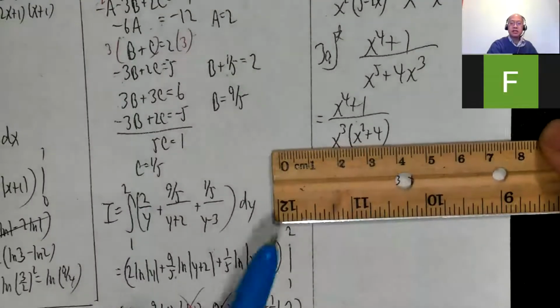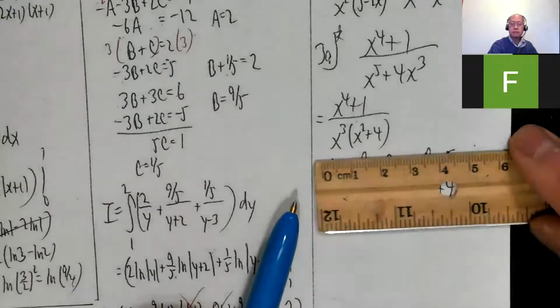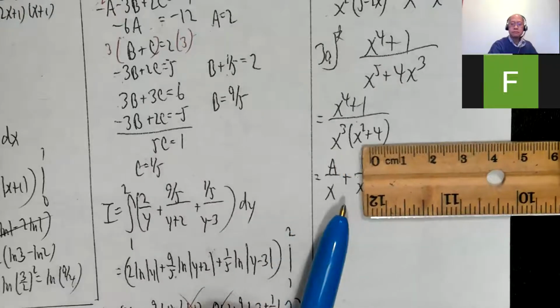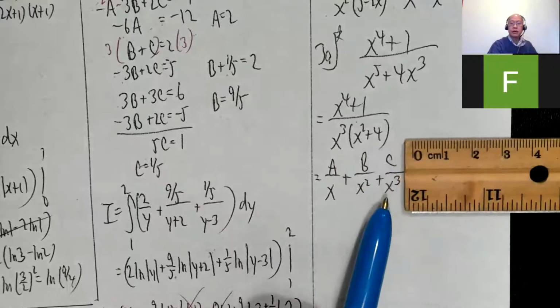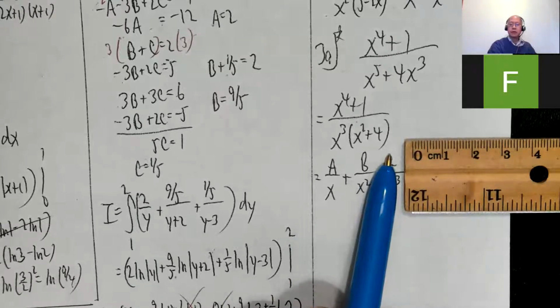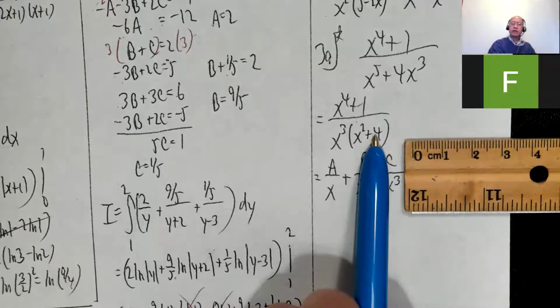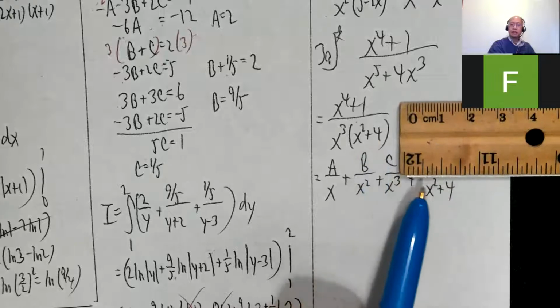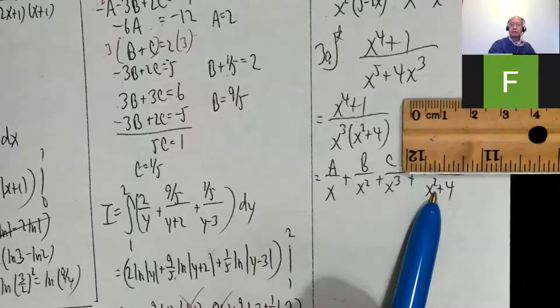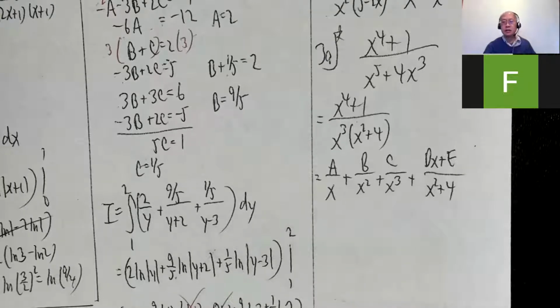For x cubed, what am I going to do? x, x squared, x cubed: A, B, C. But x squared plus 4 is an irreducible quadratic, which means what do I have to put on top? Not just D, Dx plus E. So that's the way it goes.